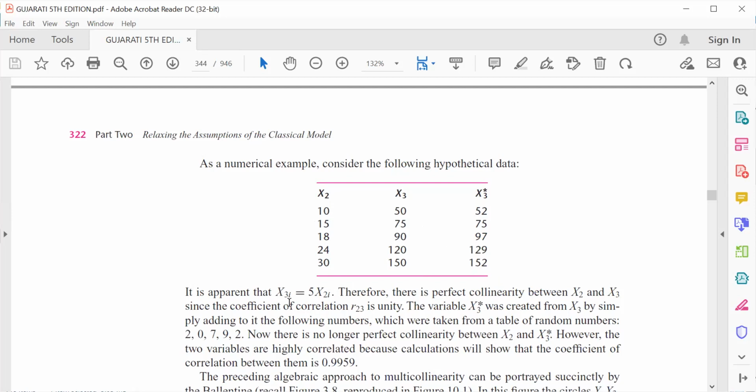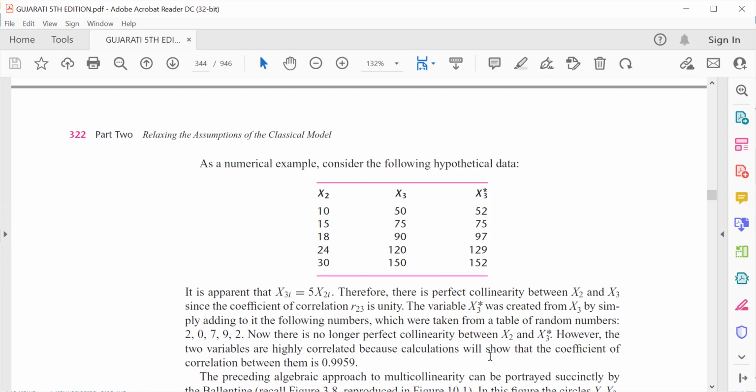Therefore, there is a perfect multicollinearity between X2 and X3. In this case, we cannot run the model because the correlation between X2 and X3 is very high.